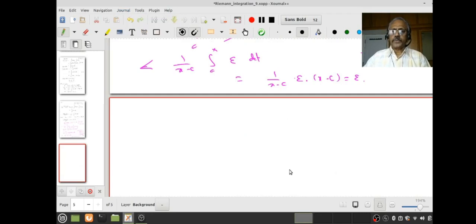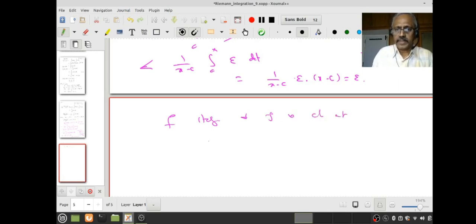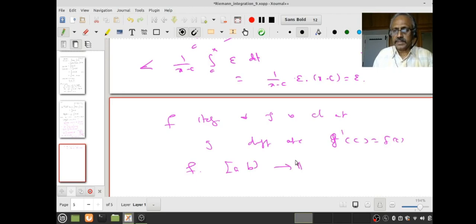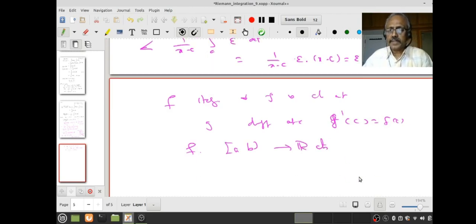So what do you think I have proved? I have proved that if f is integrable and f is continuous at c, then the indefinite integral is differentiable at c, and the derivative g dash at c is f of c. So in particular, if f from a to b to R is completely continuous, then what do I get?